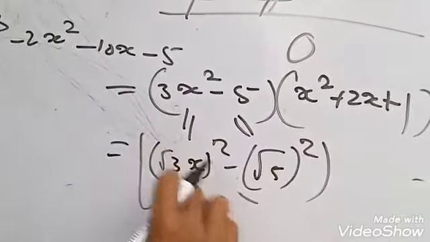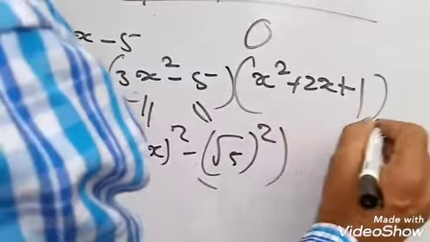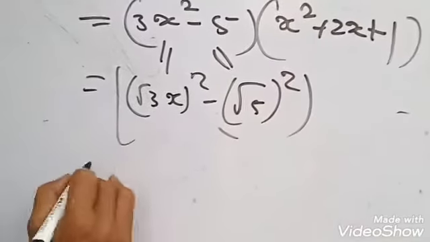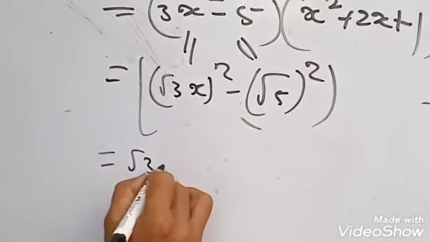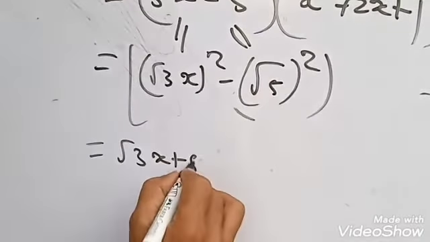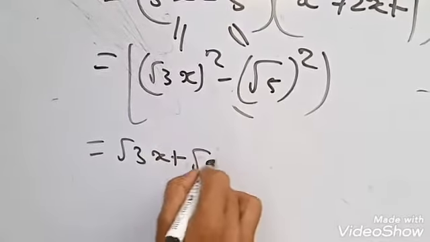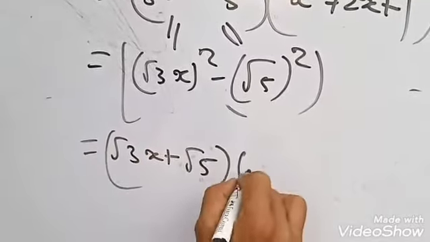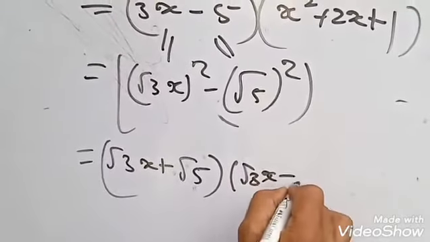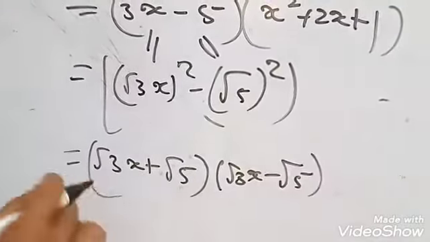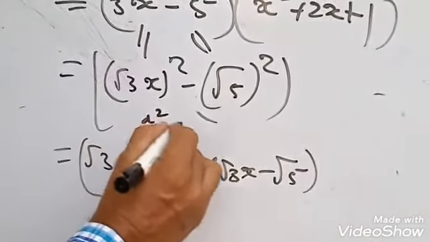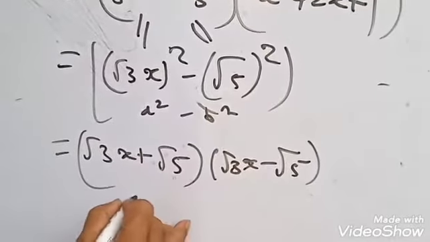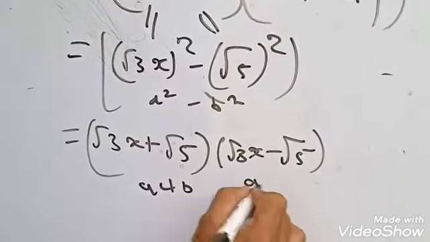You can write here x^2 plus 2x plus 1, so it will be (root 3 x plus root 5) and (root 3 x minus root 5). A square minus b square, (a plus b)(a minus b).